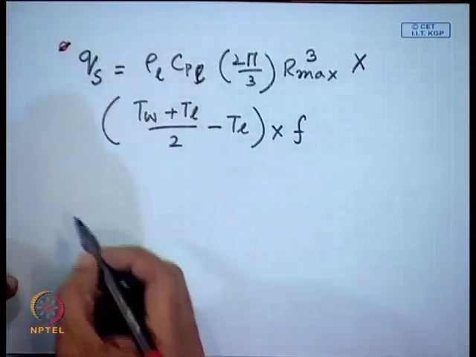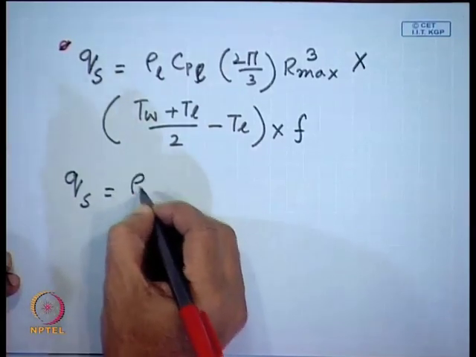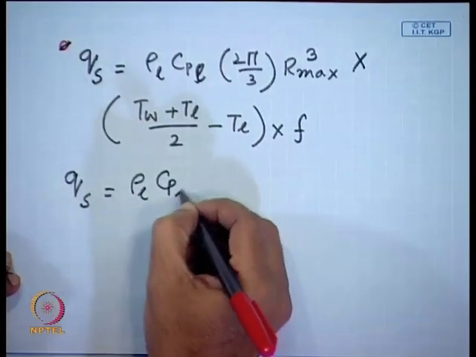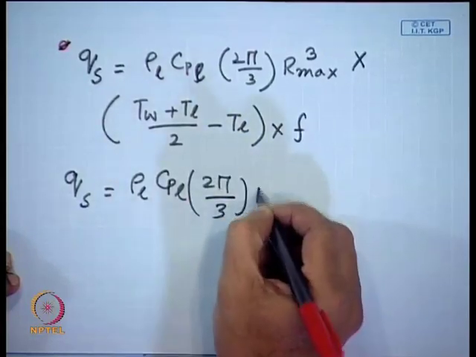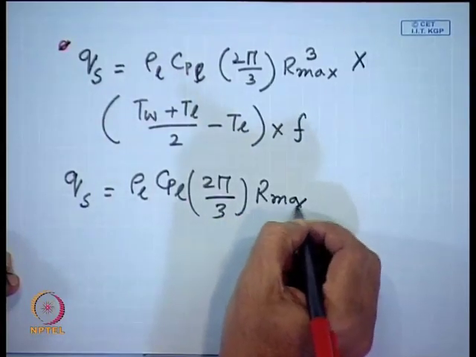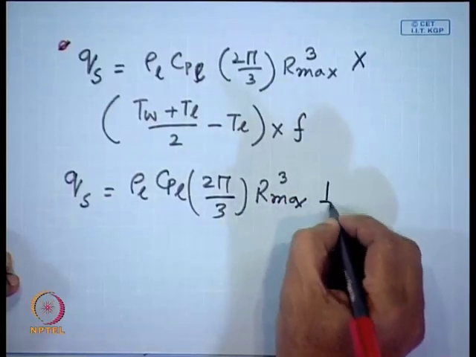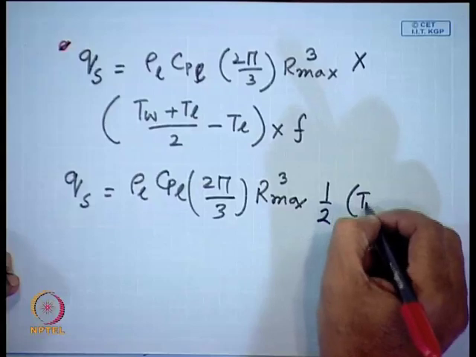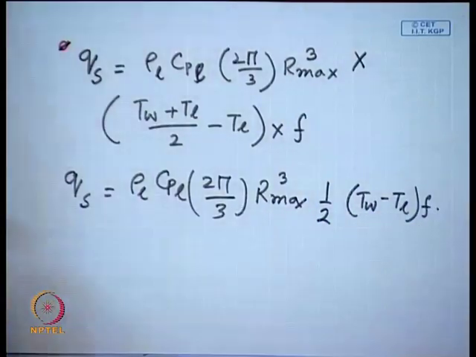So, with this we will simplify it to get rho L C p L 2 pi by 3 R max cube, half of T w minus T L into F. So, this is what we will get.